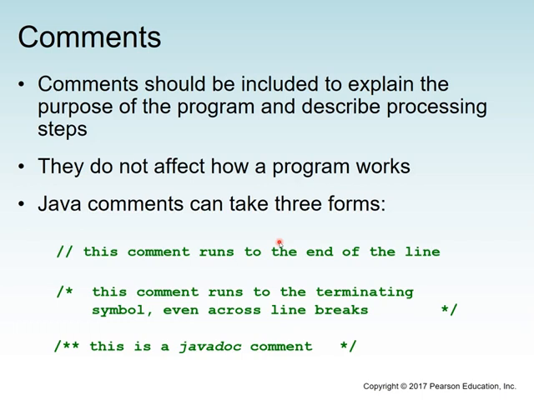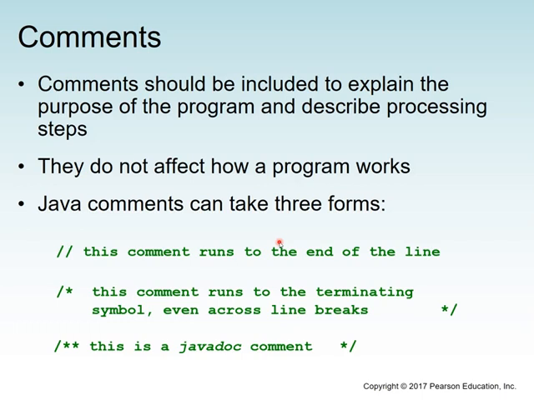So really, the comment should be there just to tell the reader anything that looks a little bit untoward or looks a bit different and it's not really clear what you're trying to do. Having said that, you should always put a comment at the top of your program, and you should always put a comment before any methods that you write.